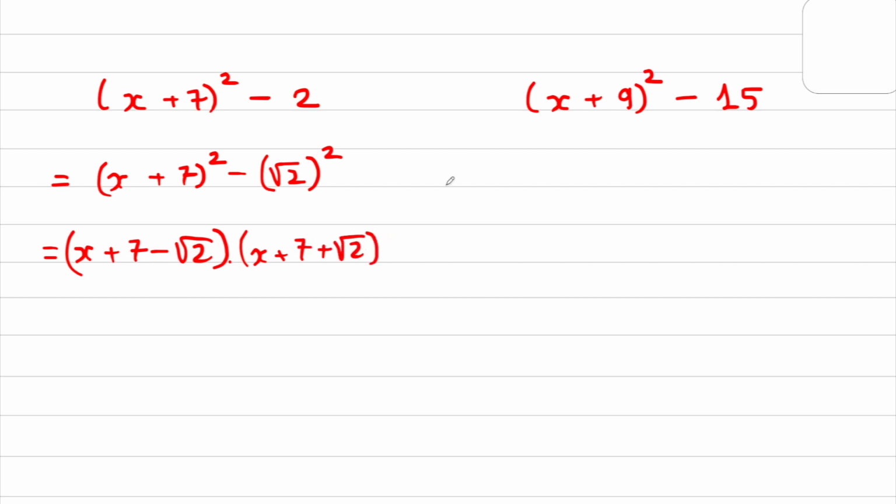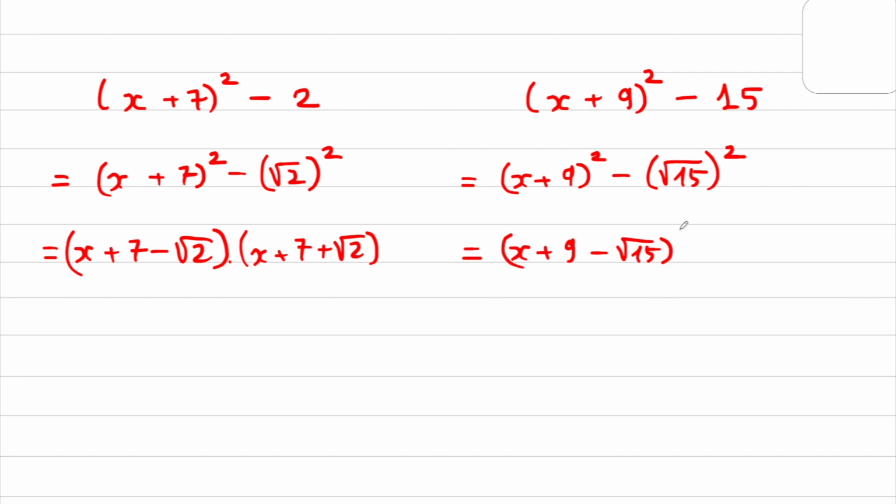And 15, the same thing, because you cannot take the square root of 15. So just write 15 under the square root and inside the bracket squared outside. x plus 9 minus square root of 15, and then multiplied with x plus 9 plus square root of 15. Okay, we finish this question.